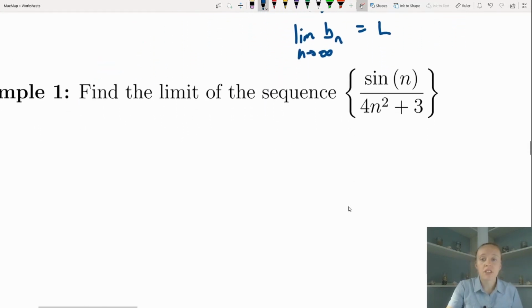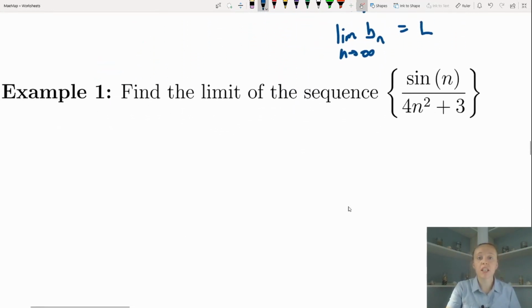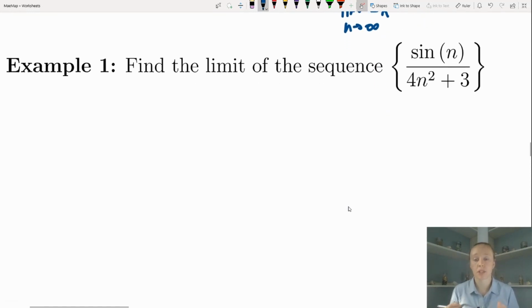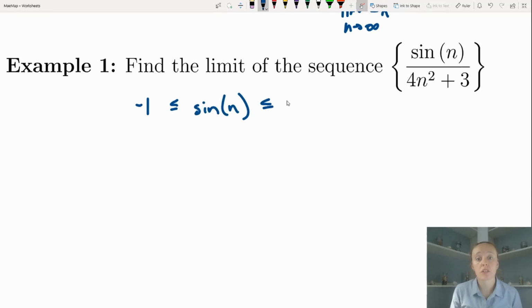So let's go ahead and do this example. We're going to find the limit of the sequence sine of n over 4n squared plus 3. Now, sine of n is a trig function that's trapped between what two values? Well, -1 is always less than or equal to the sine of n, which is always less than or equal to 1.